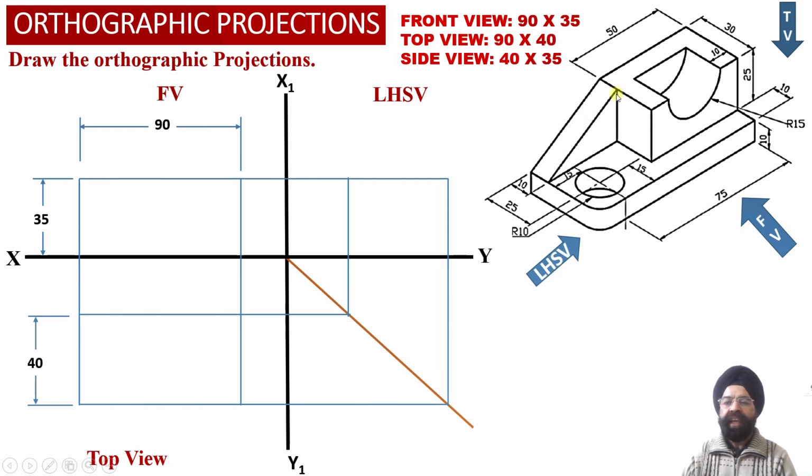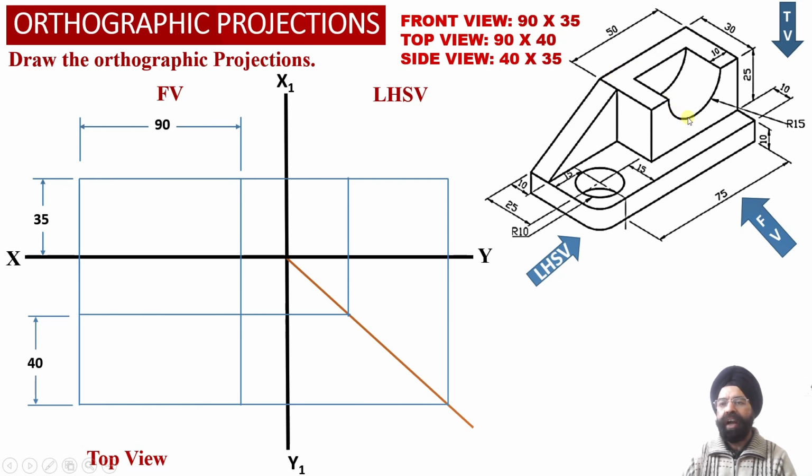Then we have got a triangular vertical web which is lying towards the rear face of the solid, and this triangular vertical web is lying parallel to the front face of the solid over here. Then we have got a rectangular block which is resting on top of this horizontal web over here, and this rectangular block is resting towards the right hand side portion of the solid over here, and it is located towards the rear face of the solid.